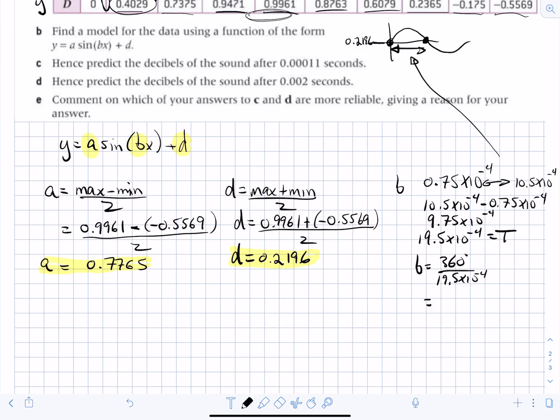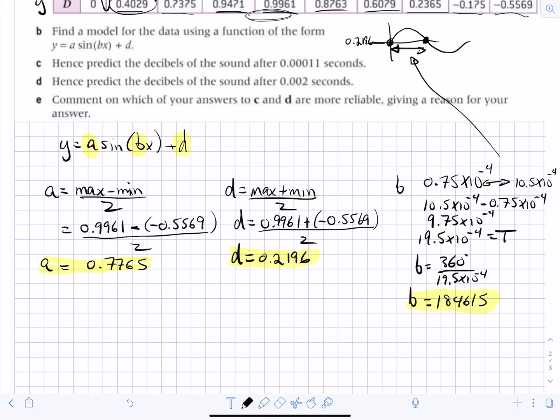So I get this to be 184,615. That's what B is going to be. So I finally got it. Whew. That was a tough one. Hope I got it right.